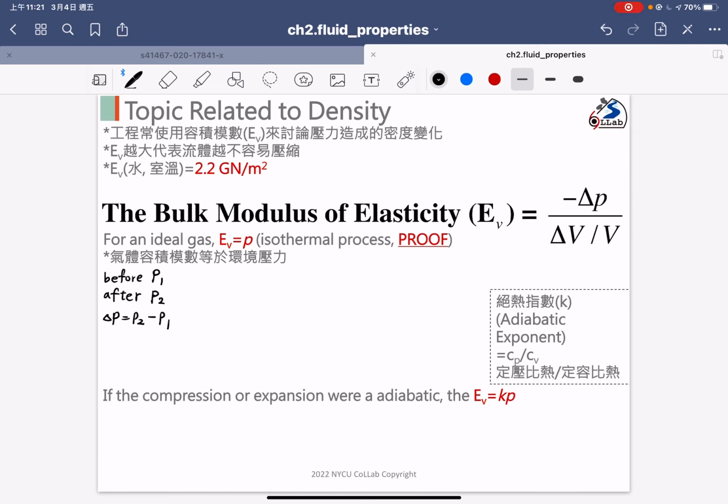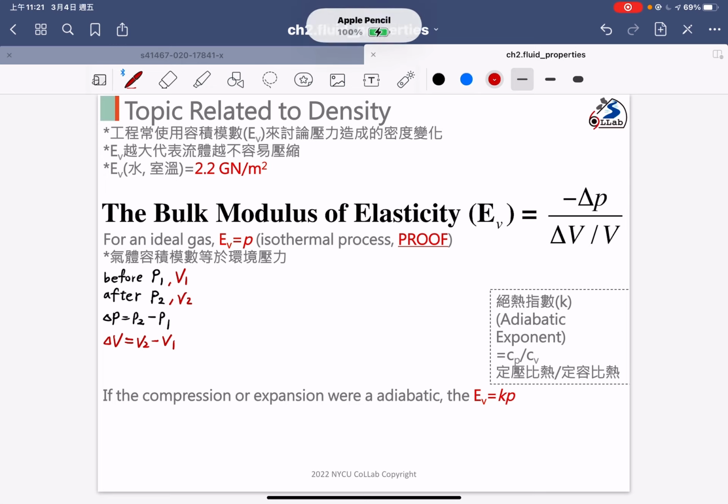For the delta V, we have the before volume, we call that V1, and after the volume, we call it V2. So we can compute the delta V as V2 minus V1.